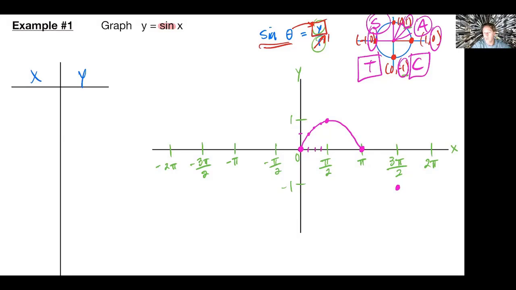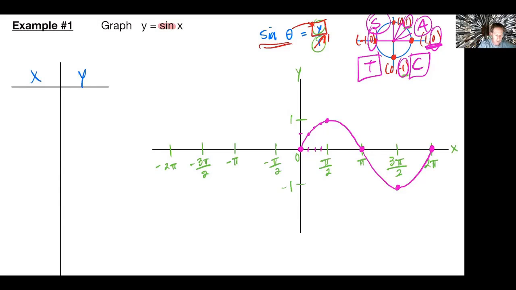Again, the 30, the 45, the 60. We can build those and do it every single time, but it's not necessary. We knew all of those, and then it went down to that -1. And then as it increased, it would get smaller and smaller, still negative, still below the x-axis, but smaller and smaller for my y value until it got back to 0.